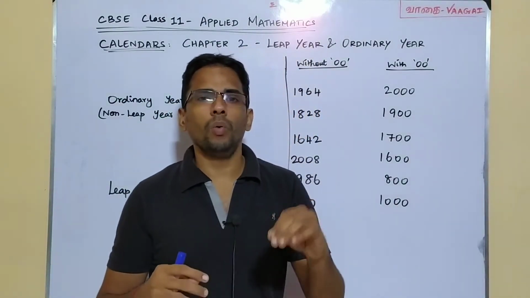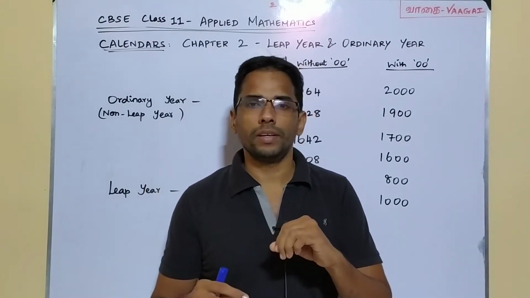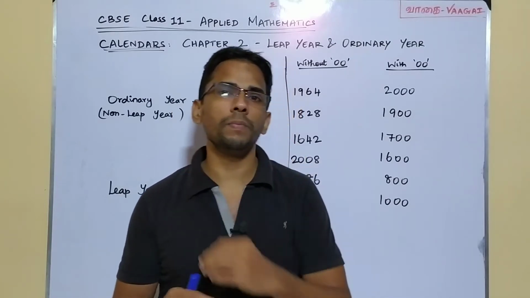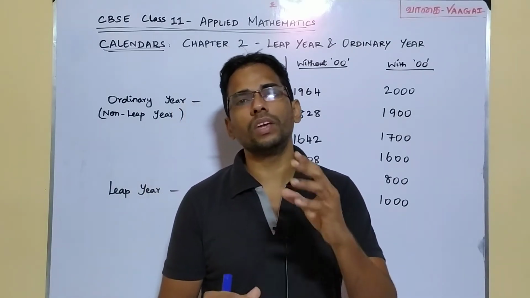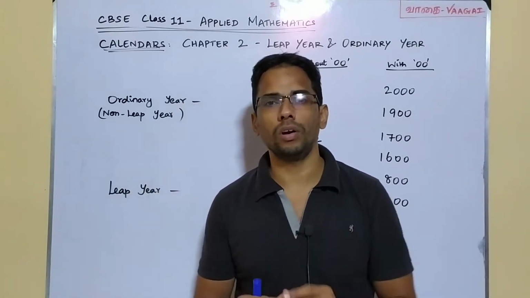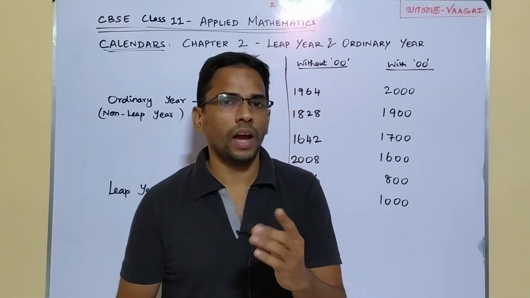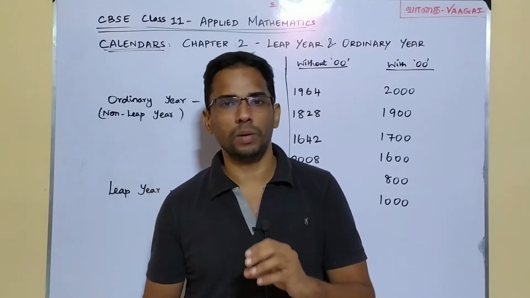Say we are now in the year 2020, and this year happens to be a leap year. How do you identify whether a given year is a leap year or not? It's very simple. In a leap year, you will find an extra date in the month of February.